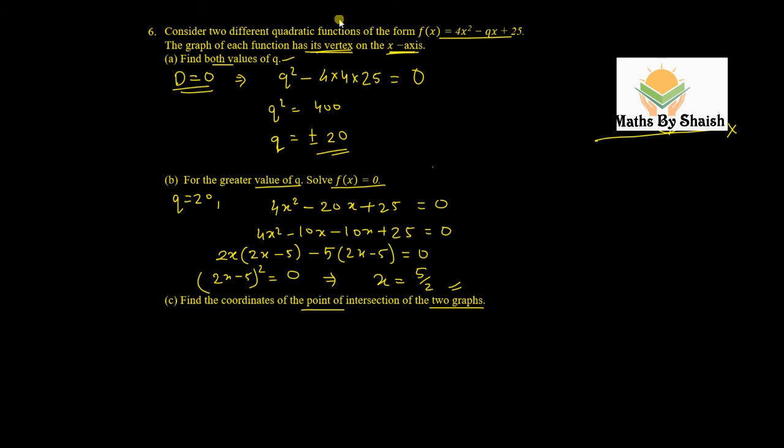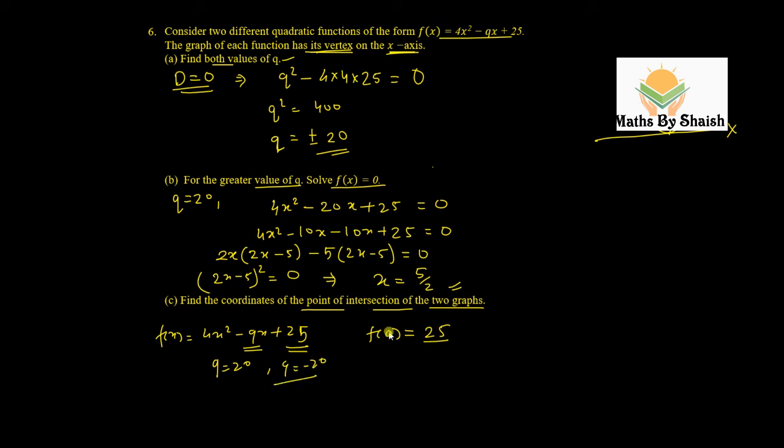For the C part, we need to find the coordinates of the point of intersection of the two graphs. From here we can see f(x) is 4x squared minus qx plus 25, and for both values of q, one thing is for sure: f of 0 is 25 in both cases, for q equal to 20 and for q equal to minus 20.